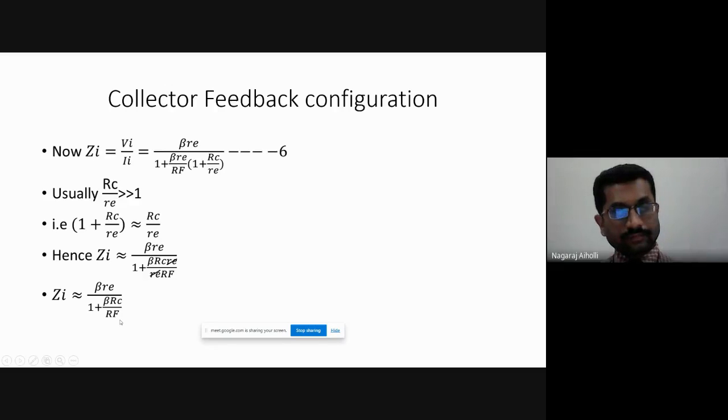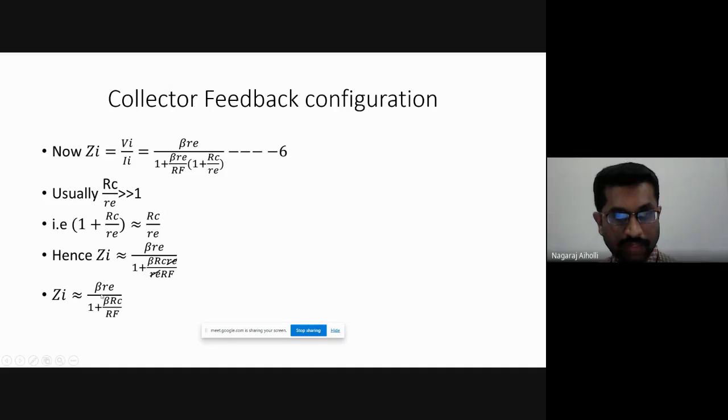Now whatever equation we are getting for Zi, remember that it should always be in terms of the resistances. Therefore, I will divide both numerator and denominator by beta, because beta is common in both.